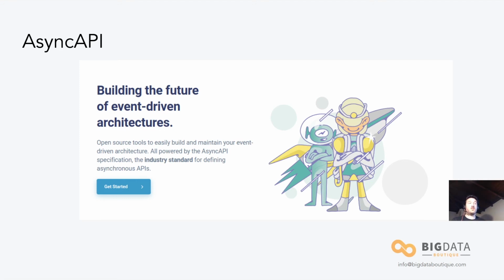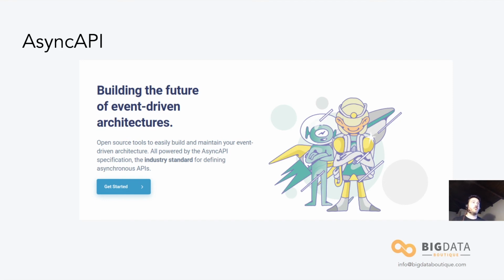So the idea is you are going to have a meta model where you define your asynchronous data. You can agree with your consumers on that data, and then you can work on the implementation. Okay, and this should be independent of the file format you are going to use. It's just metadata which helps you to define data schema.